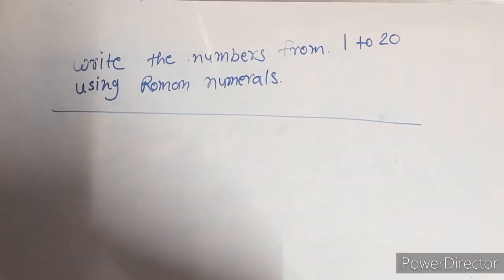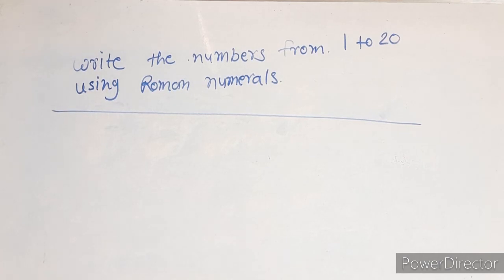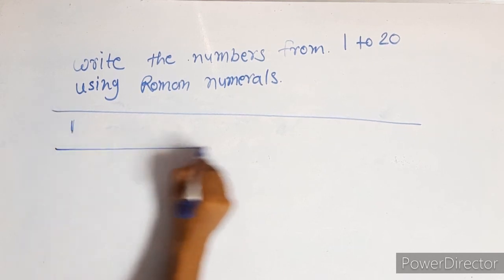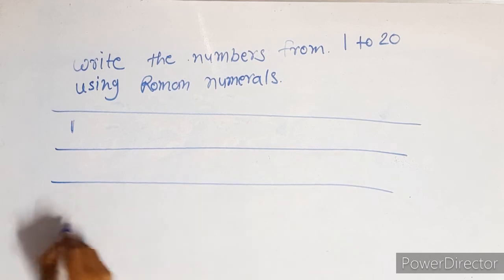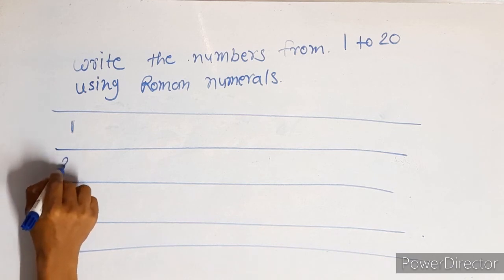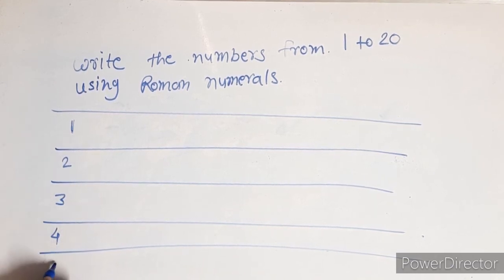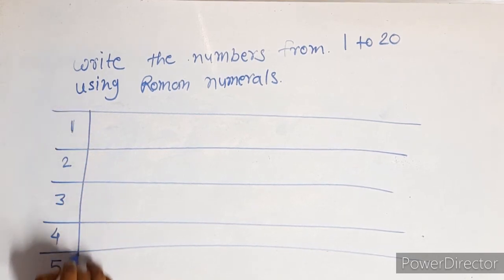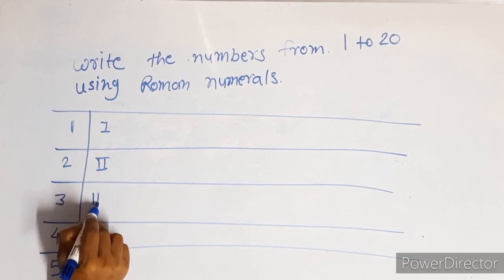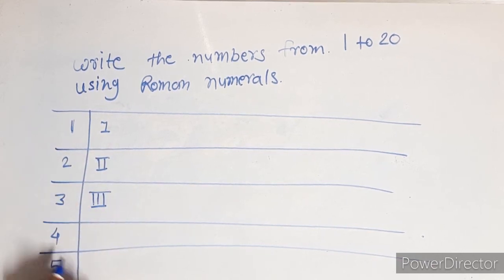Okay. Now practice set number 1. Write the numbers from 1 to 20 using Roman numerals. Now you know 1, 2, 3, 4 and 5. 1 is shown by I, 2 by double I, 3 by triple I, and 4 we write first as 5 minus 1.